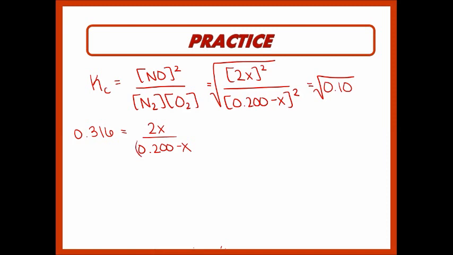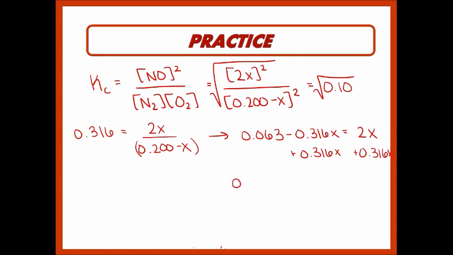So now this is a little bit simpler in terms of solving for x. We can multiply by the denominator on both sides, giving us that 0.063 minus 0.316x is equal to 2x, and by adding 0.316x to both sides, we're combining like terms.